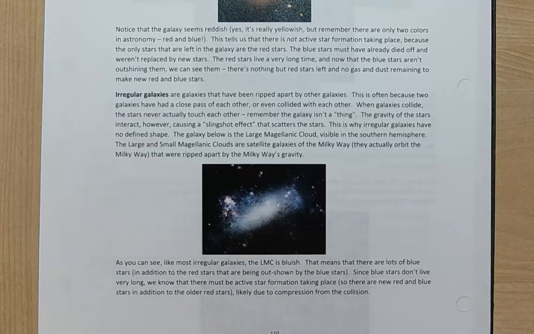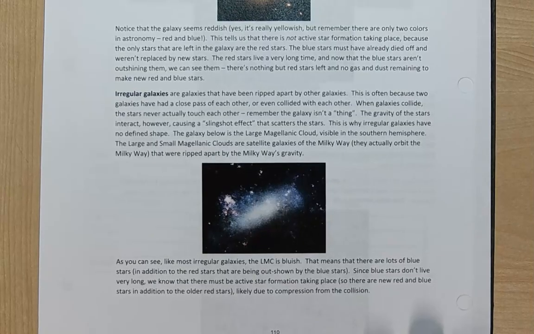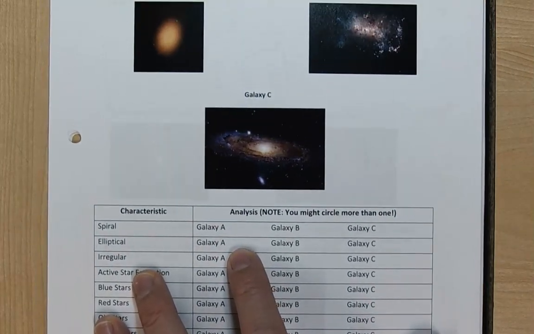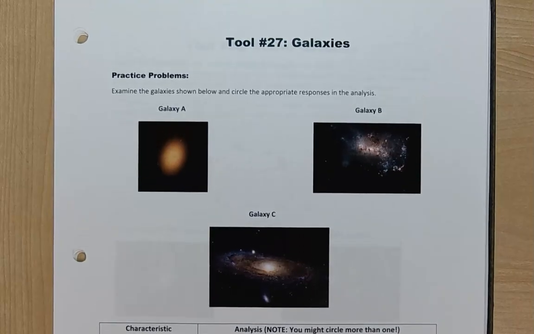They tend to have lots of gas, lots of star formation, young stars, most of the time, because whatever process warped, pushed, or pulled the galaxy and made it irregular tends to also agitate the gas, compress the gas, and trigger a burst of star formation. Sometimes, but not always. That's why irregular galaxies are really the interesting ones, because something weird's going on, and it's fun to try to figure out what.